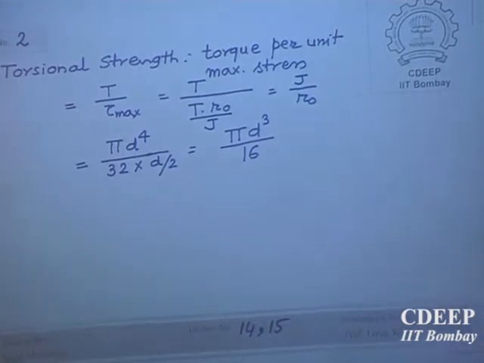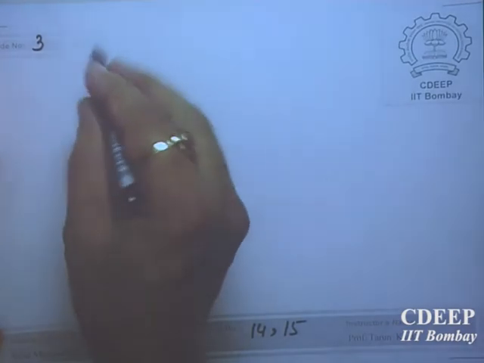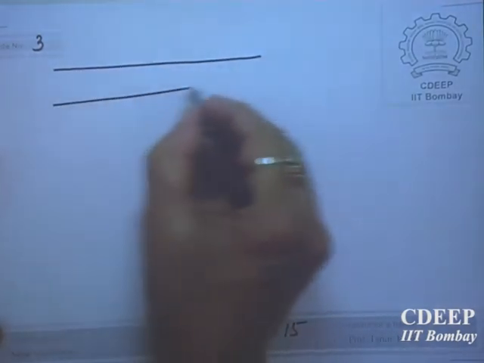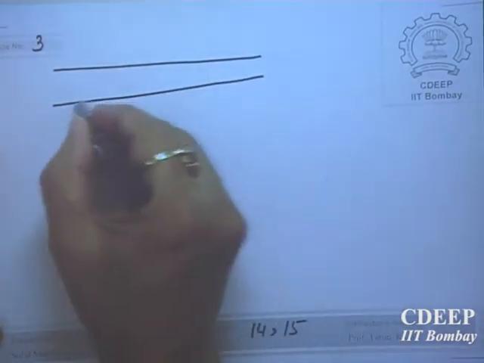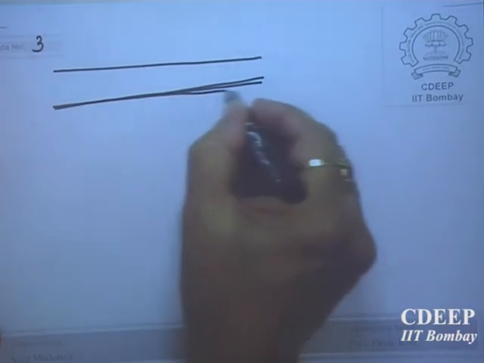Now let us go on. Let's say that there is a shaft of constant cross section, though the diagram is not very good.